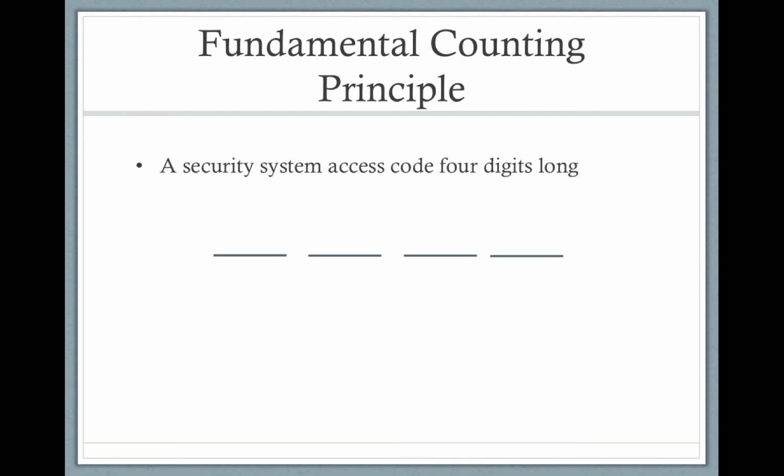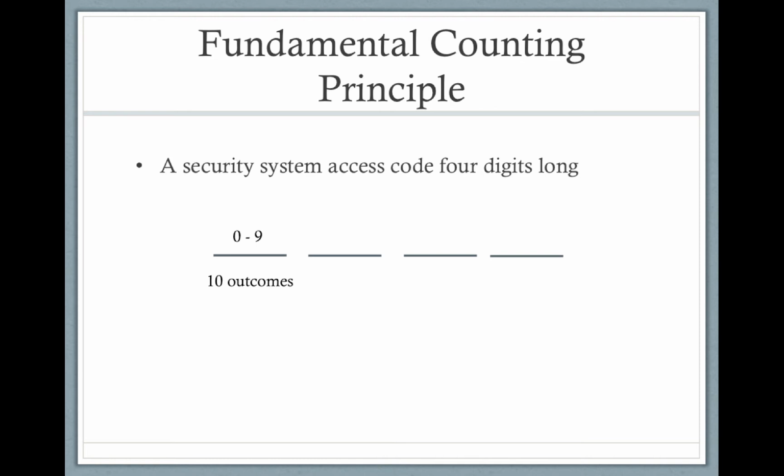Well, I've laid out 4 numbers here, and in the first place, we could have any number 0 through 9, which is in total 10 outcomes. So the integers 0 through 9 give us 10 total outcomes for that first digit holder.